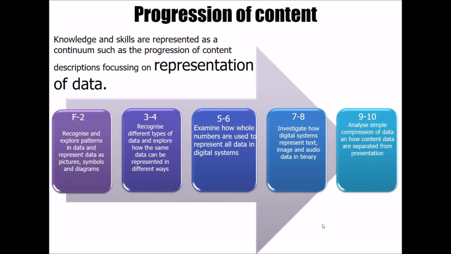And in years 3 to 4, we start to present the same data in different ways. And as you can see, as we segue up to starting to look at the binary component up in 7 and 8. But for the primary, we've got right up into year 6, looking at how whole numbers are used to represent all data in digital systems.